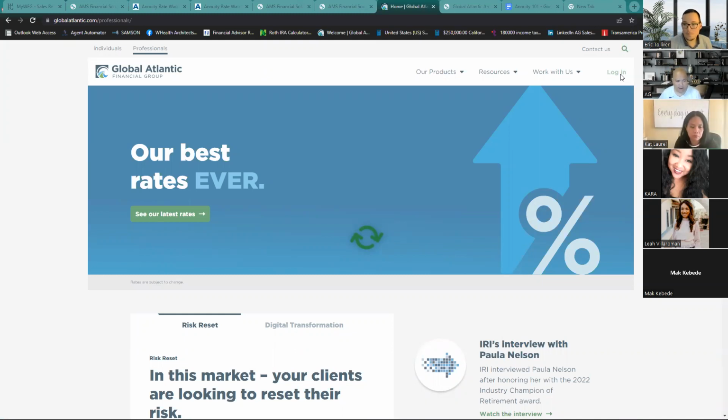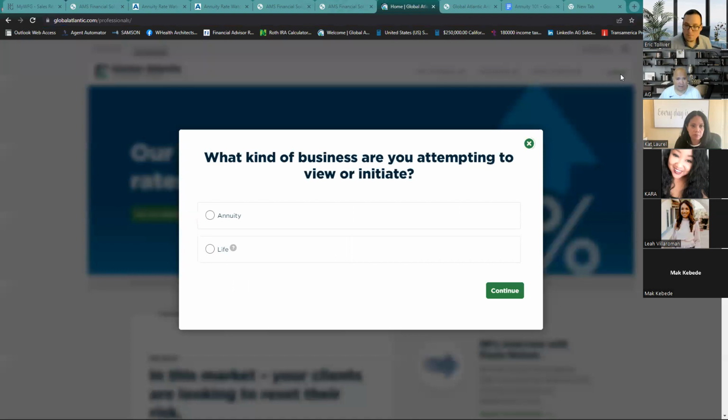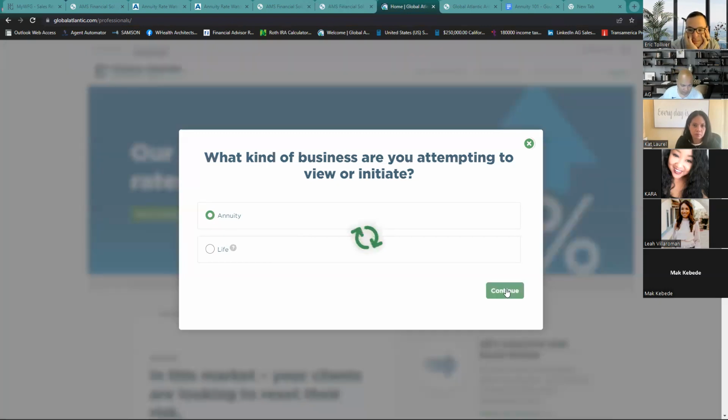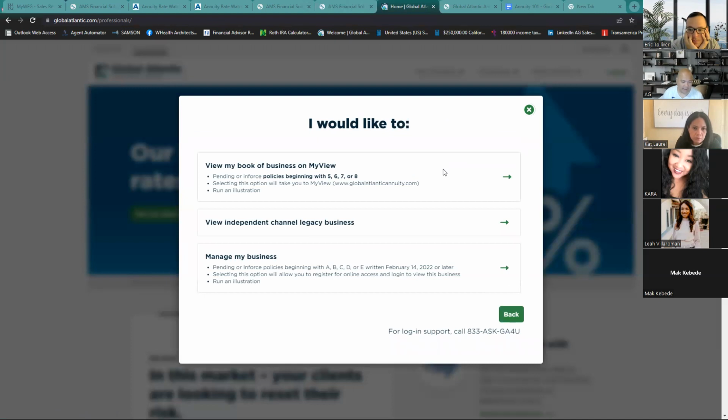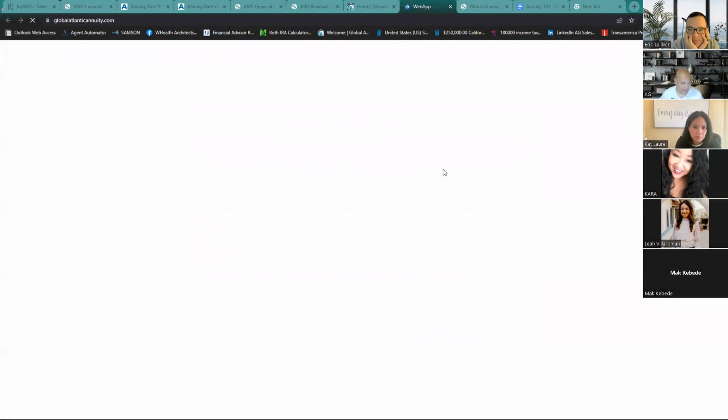If a client walks into Wells Fargo and wants to do a rollover with the financial manager there into an annuity, they're gonna use Global Atlantic. When someone goes to UBS, they're gonna use Global Atlantic, right? Because Goldman Sachs owns everything.